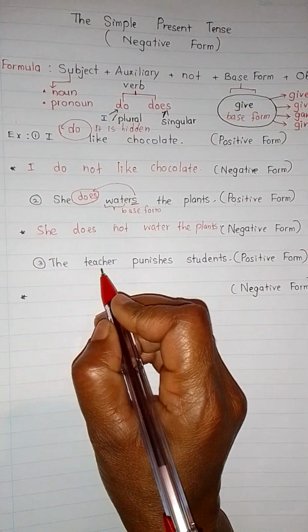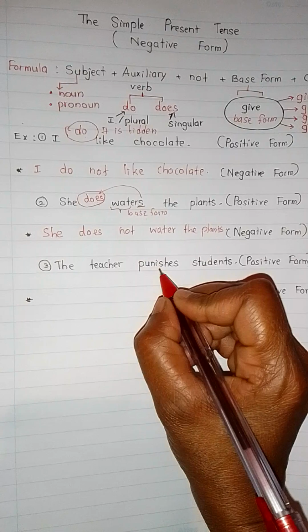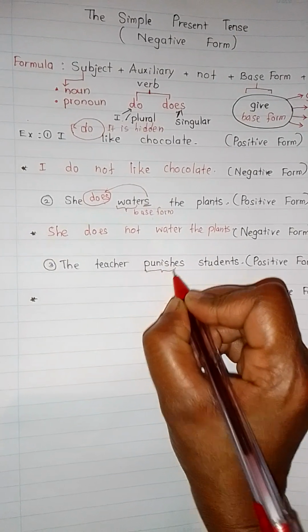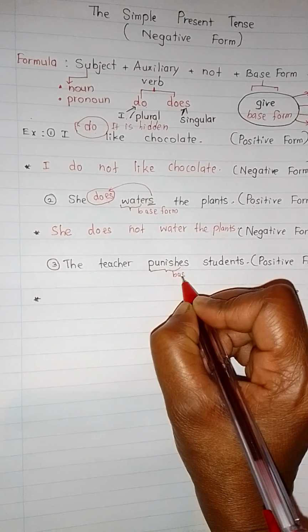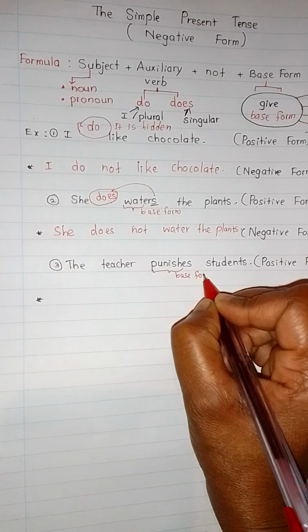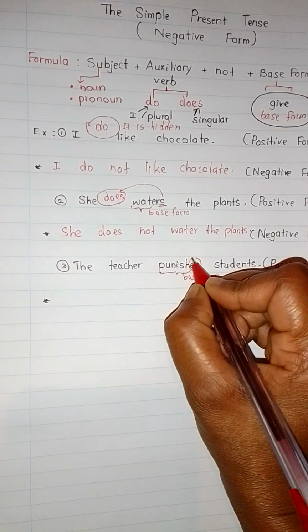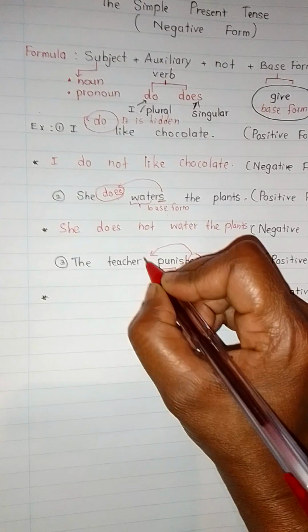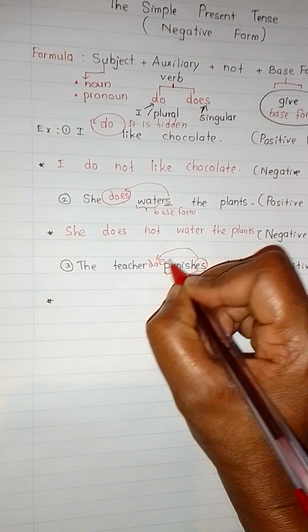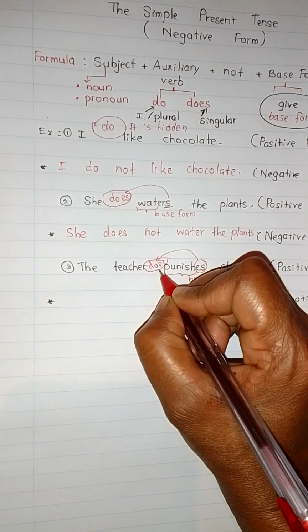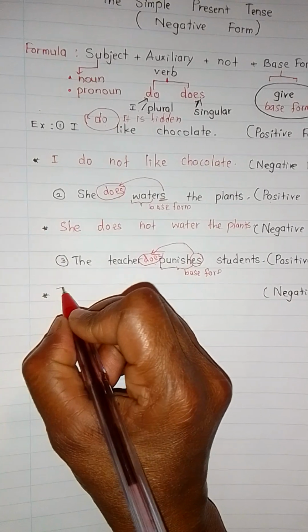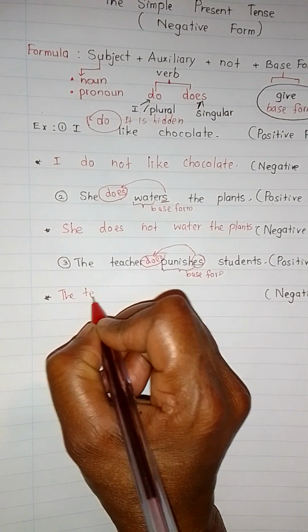Next one. The teacher punishes the students. The base form is punish and we add es at the end of the verb and es stands for the auxiliary does. The does is here but it is hidden. Then the subject is the teacher.